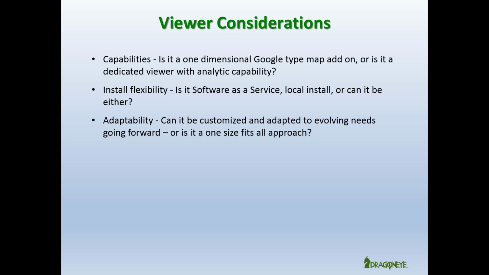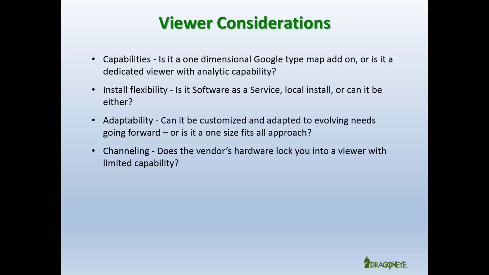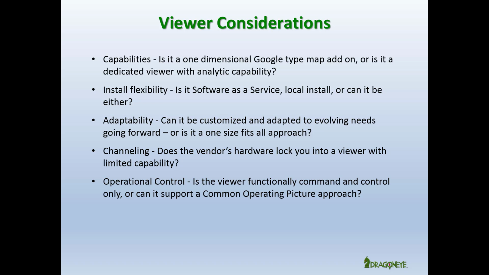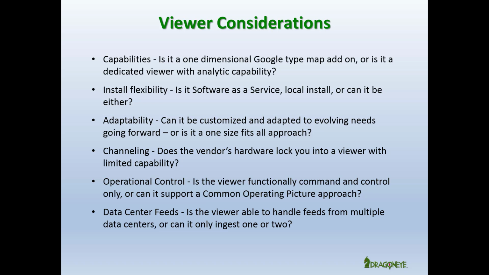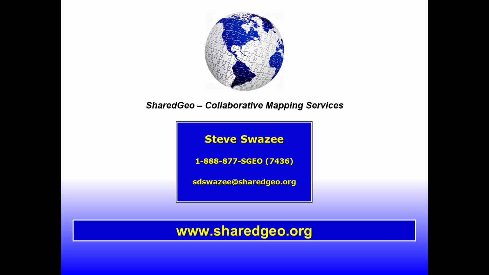Or is it a one-size-fits-all approach? Channeling. Does a vendor's hardware lock you into a viewer with limited capability? Operational control. Is the viewer functionally command and control only, or can it support a common operating picture approach? Data center feeds. Is the viewer able to handle feeds from multiple data centers, or can it only ingest one or two?